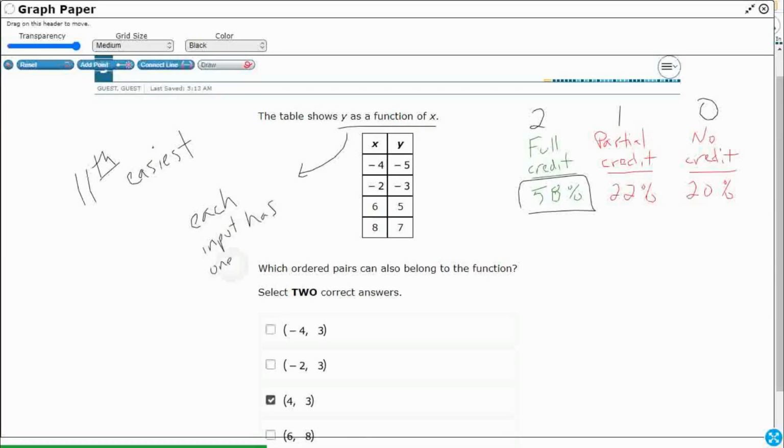So we need to work with our students on what does that mean when it is a function. We're used to the vertical line test. If we graph it, we know that we can draw vertical lines, but how do we recognize a function if it's in a table? And we can do it by either mapping, or we can make sure we match up that each x value only has 1 y value.